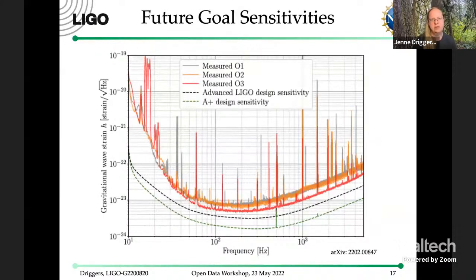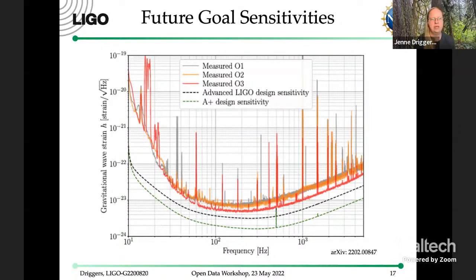As a final thought, I'll share with you our history of improvements in sensitivity as a function of time, and where we think we can go in the future. We've had 3 very successful observing runs so far, which we call observing run 1, observing run 2, and observing run 3: O1, O2, and O3.